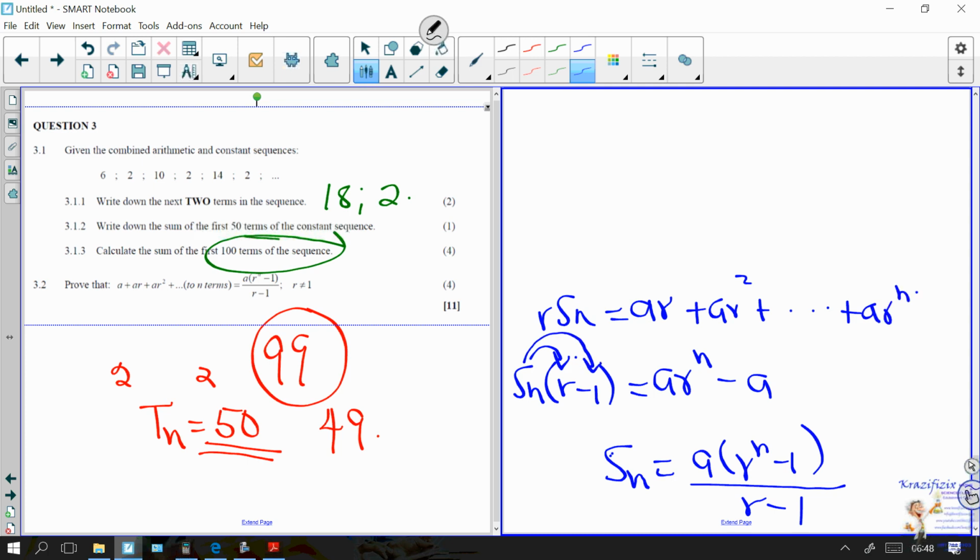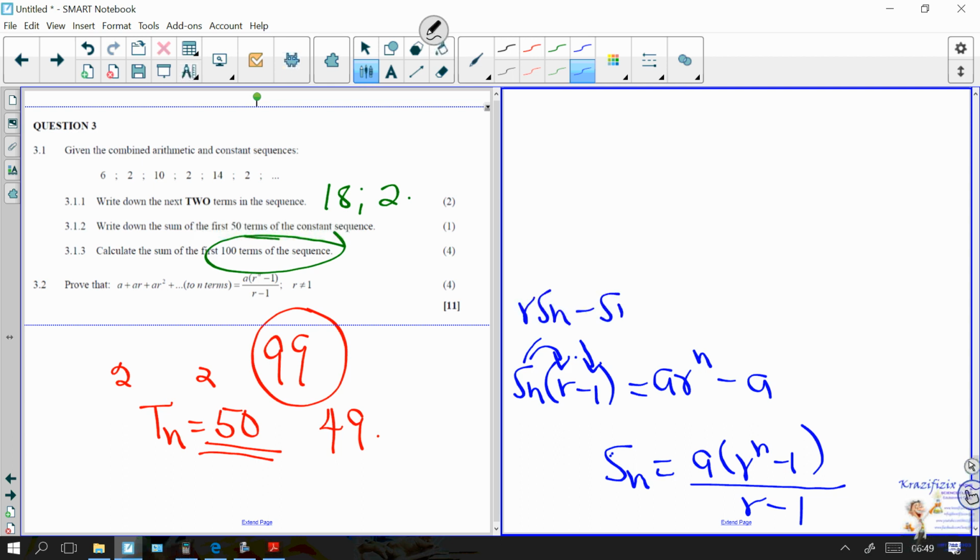Now do it for this one. Sn equals what? A plus AR plus, until the last term, AR^(n-1). Already, if you look at our solution, we are actually there now. What is this? Equation 1, equation 2. Let's expand this.